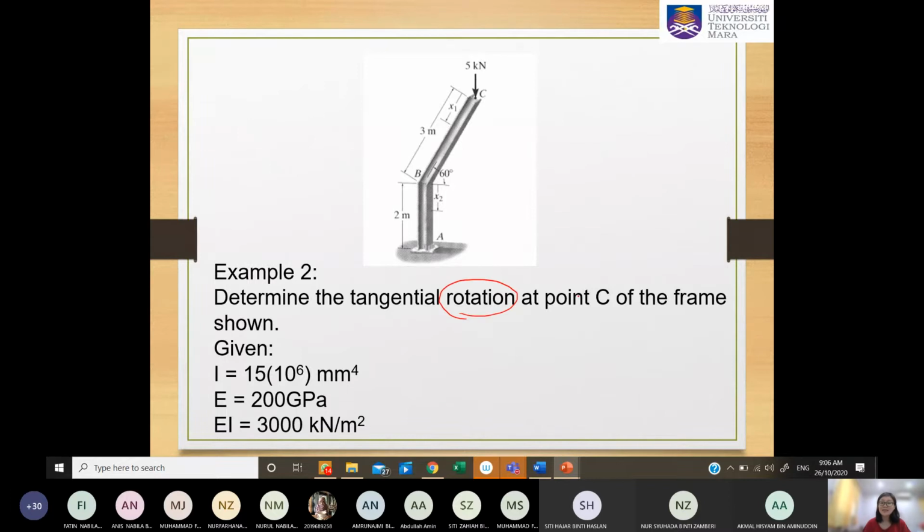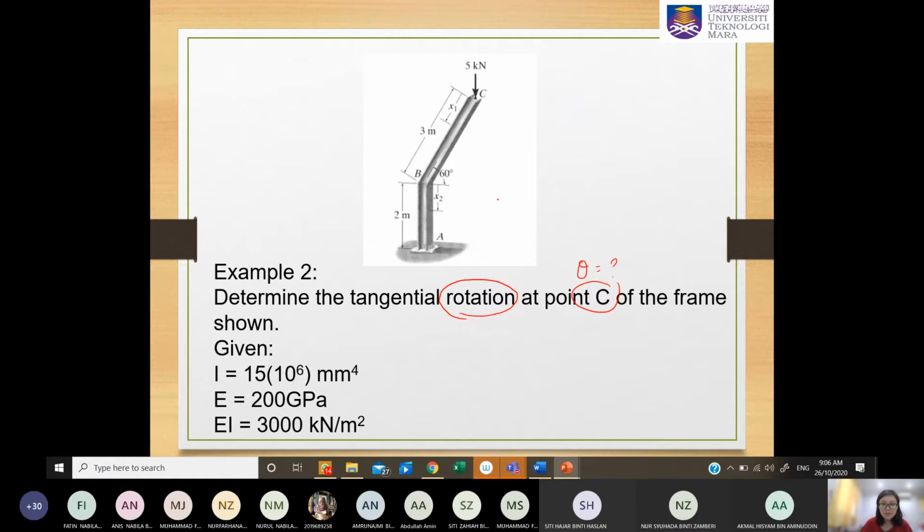We are going to use the second equation about theta to get the theta at point C. So actually the analysis or the procedure is similar to the beam. We are still using the MM over EI integration, but now there will be some difference because we want to determine the theta instead of delta.